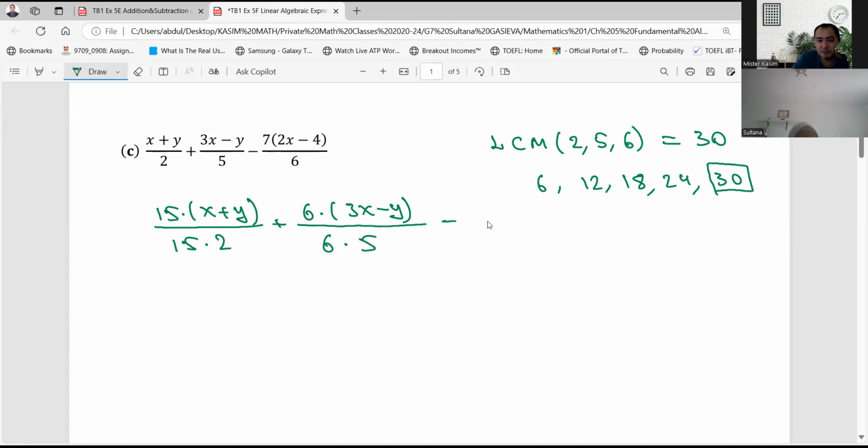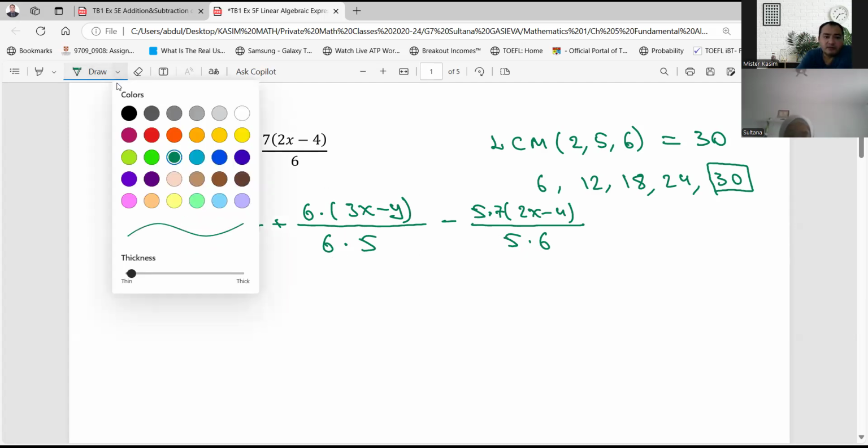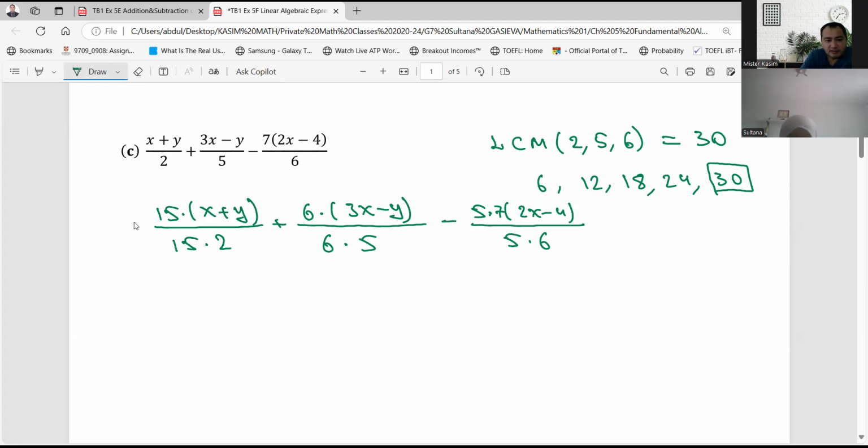The next one is multiplied by 5: 5 times 7 over 5 times 6. Now 15 times 2, 6 times 5, 5 times 6 are equal, right? So I draw a single fraction line.